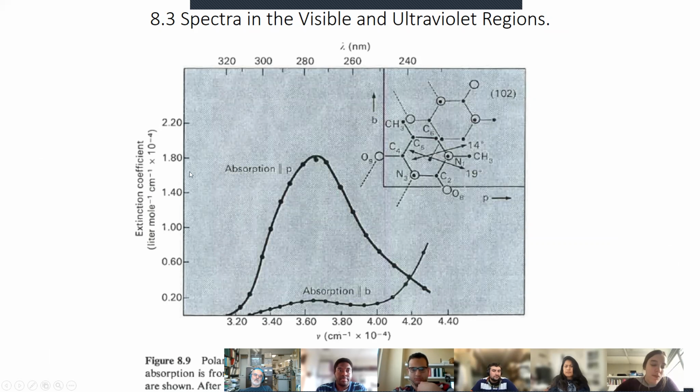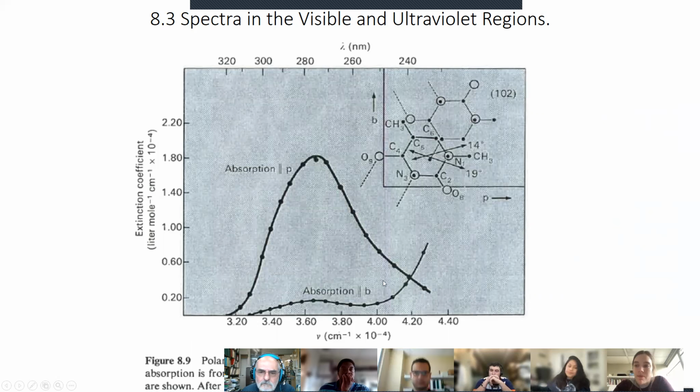methylthymidine. Here's the extinction as a function of wave number. And it, again, is an oriented sample where it's perpendicular. That doesn't look P and N. Let me look something up here because I'm not understanding.